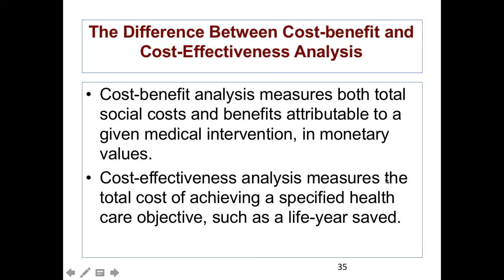So the difference between cost benefit and cost effectiveness analysis is that cost benefit analysis measures both total social costs and benefits attributable to a given medical intervention in monetary values, but cost effectiveness analysis measures the total cost of achieving a specified healthcare objective, such as life years saved, or, for example, the number of teen pregnancies averted.